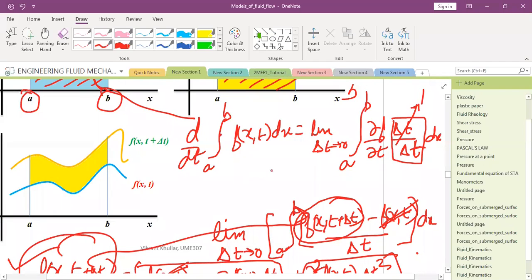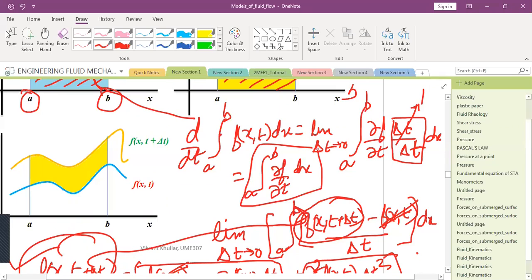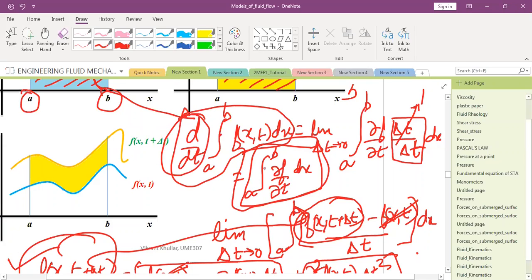Yes, sir. So what do you get? This becomes equal to a to b curly f by curly t dx. So this term has got converted to this term, that is, the ordinary derivative got converted to partial derivative.